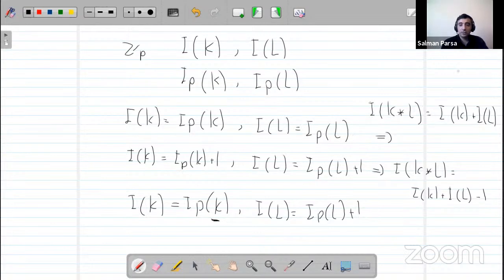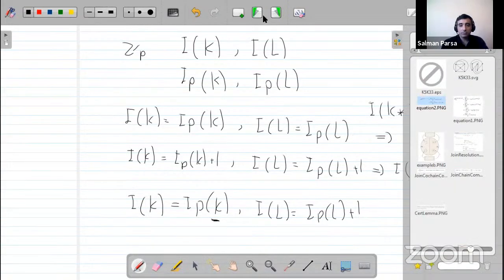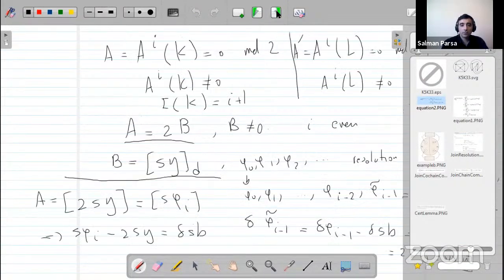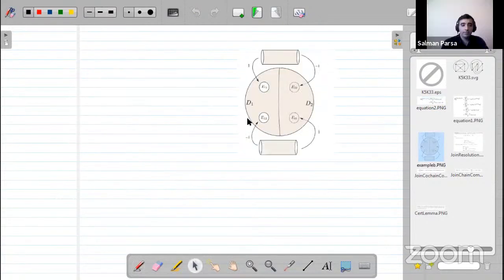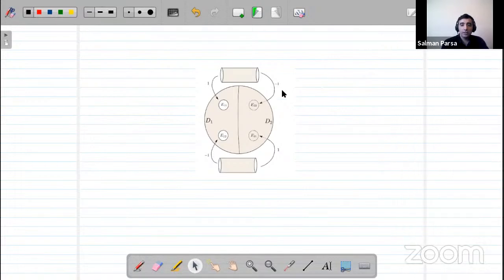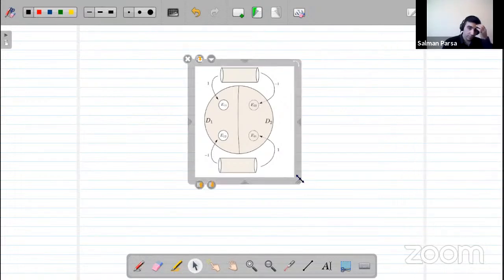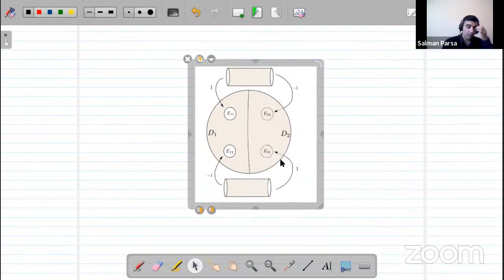So this is this Z2 complex, this complex which is two-dimensional.